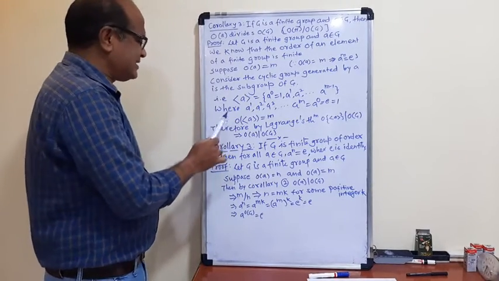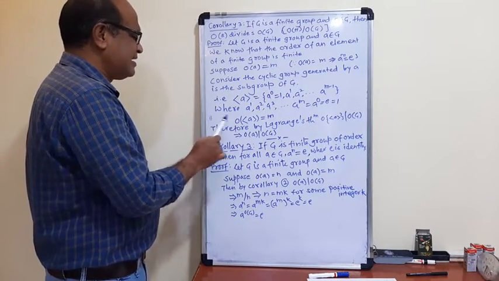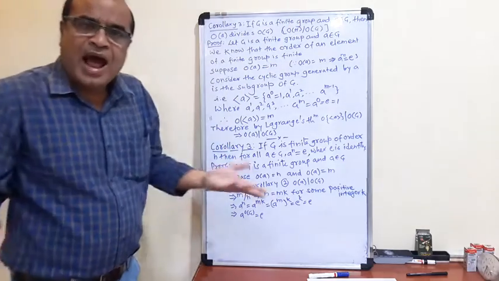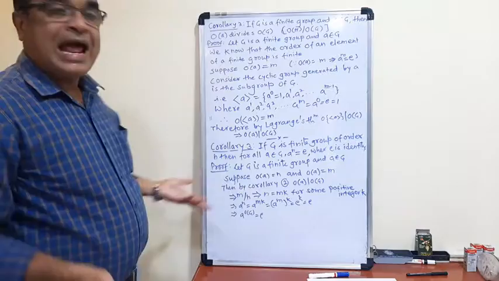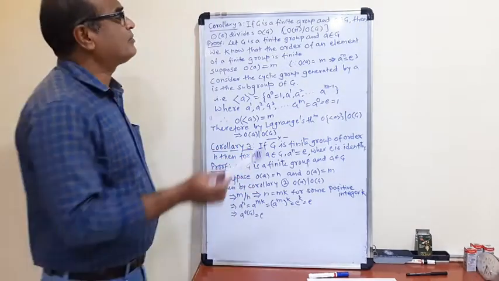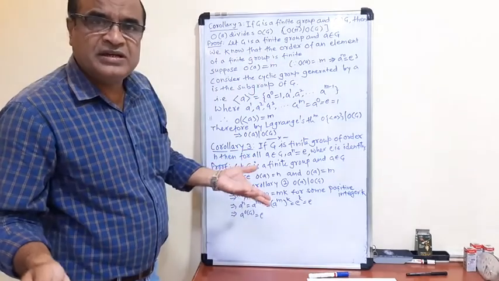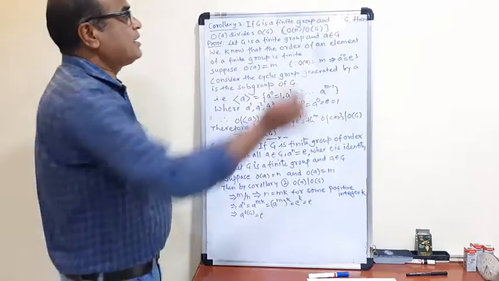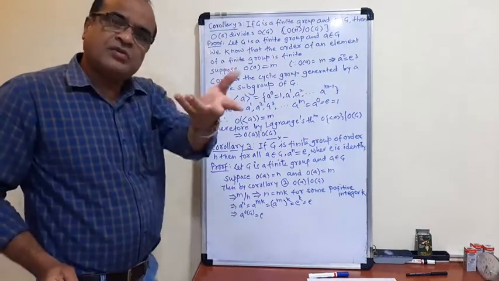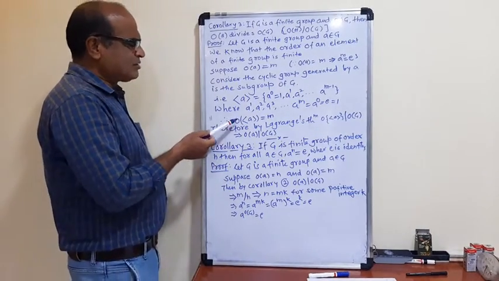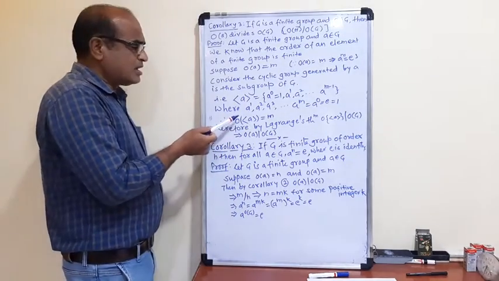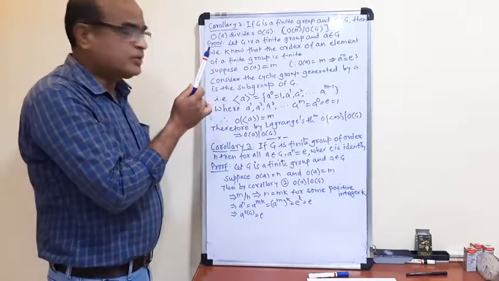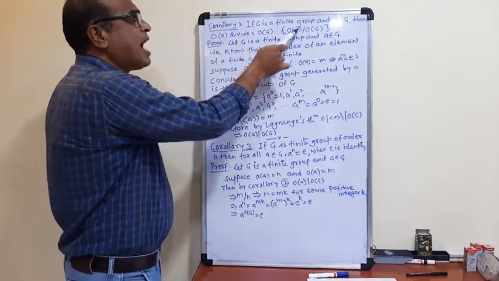Call it H, a subgroup of the group G. Then by Lagrange's theorem: if H is a subgroup of G and G is a finite group, then the order of H divides the order of G. So this is also a subgroup of G, then by Lagrange's theorem.